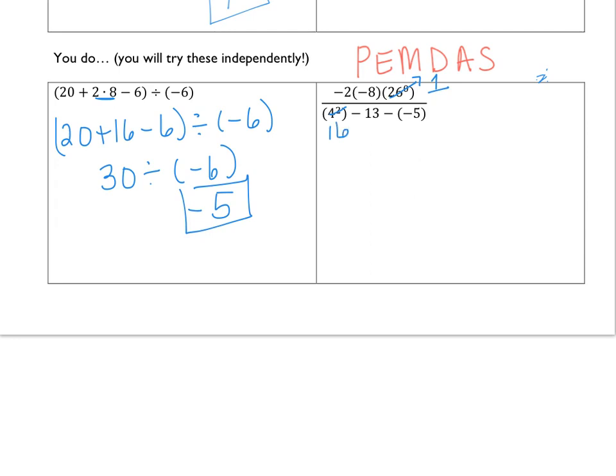Okay, so back to the top, I'm going to do my multiplication, and I have a negative 2 times a negative 8, and that is going to be a positive 16. And then on the bottom here, I have 16 minus 13. This negative 5 becomes positive, so I'm going to have 16 minus 13 plus 5, and that is going to give me an answer of 8. Final answer is 2.